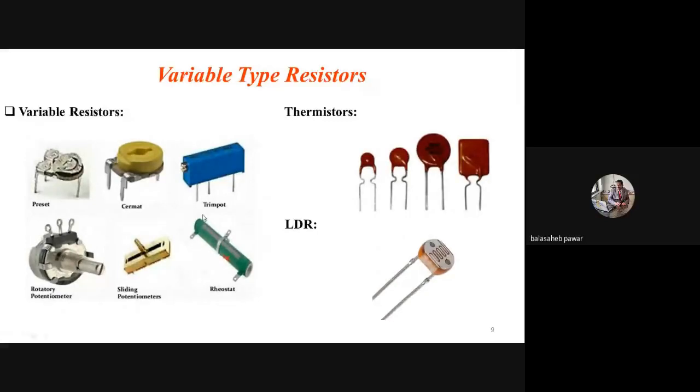In the case of the trim pot, as it is multi-turn, for example, when we provide the 10 rotations, the resistance will vary from 0 ohm to 10 kilo ohm.